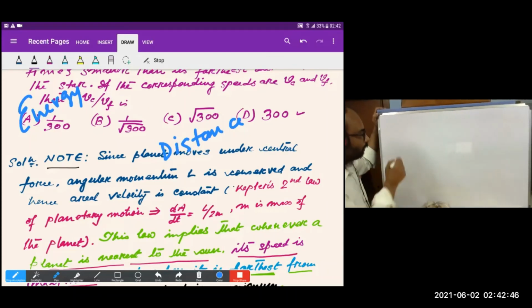We can show that dA by dt, which is the areal velocity, is equal to L by 2m, where m is the mass of the planet. This is the second law of Kepler's laws of planetary motion.